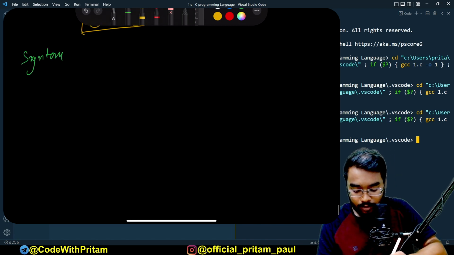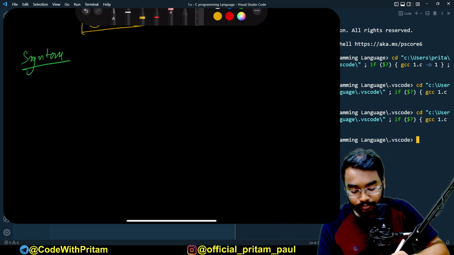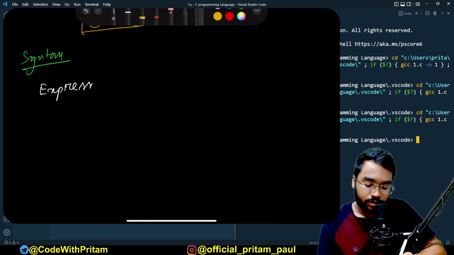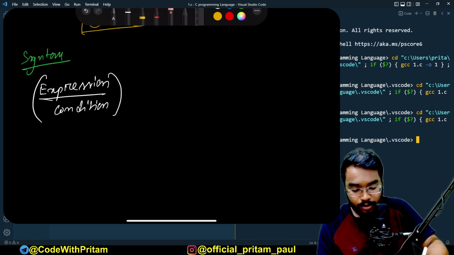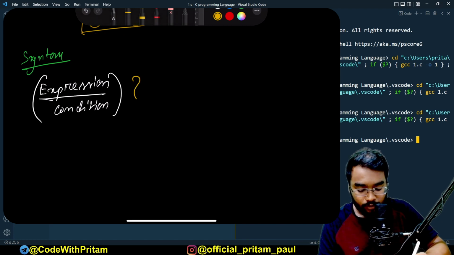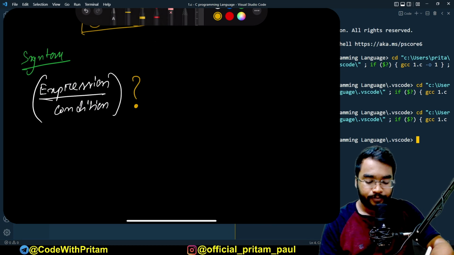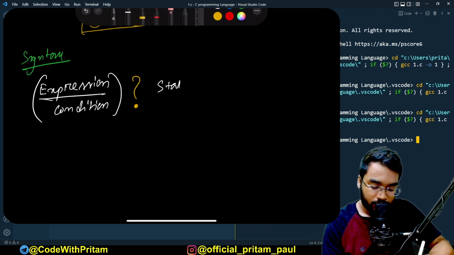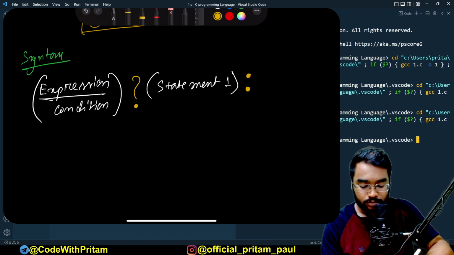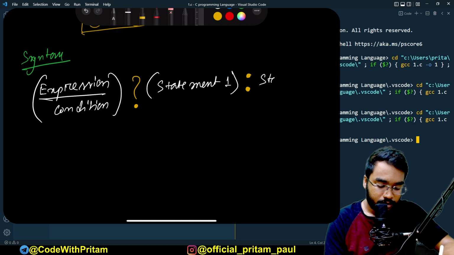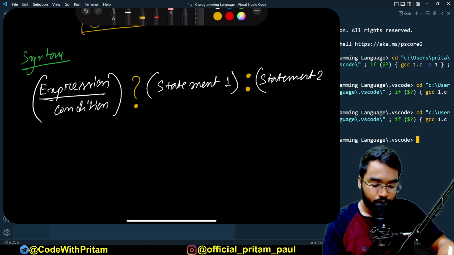The syntax of the conditional operator is: there is an expression or condition, and then there would be an interrogative sign, and then statement 1, and then there would be a colon, and then statement 2, and then a semicolon.